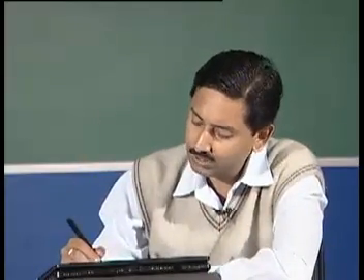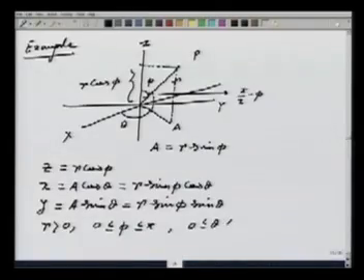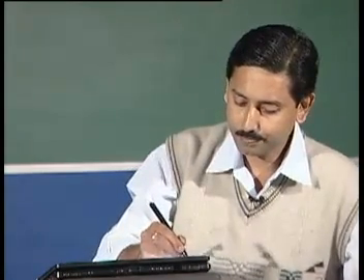Then I come to theta. Theta is our usual thing. It varies from 0 to 2 pi. Now one needs to calculate the Jacobian of this, which I leave as an exercise to you.